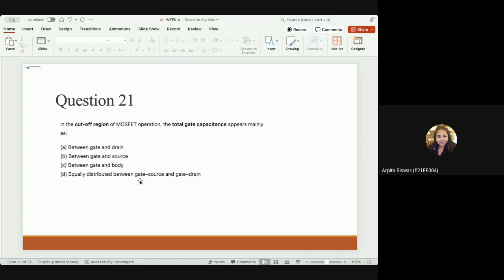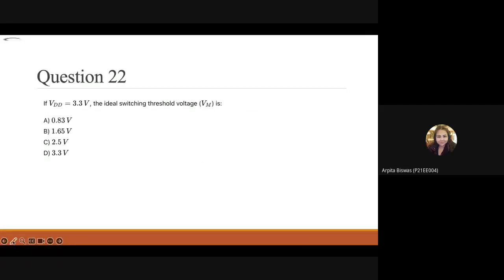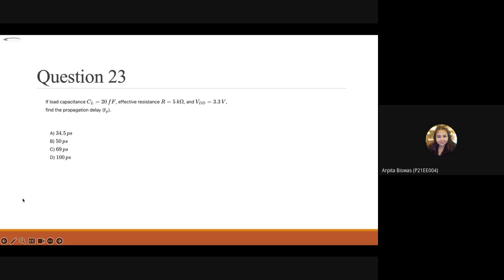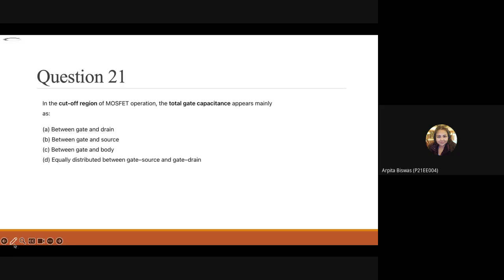So what is the right answer? Yes, between gate and body. So the right option is option C, between gate and body.